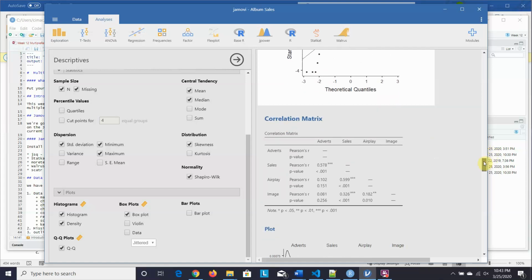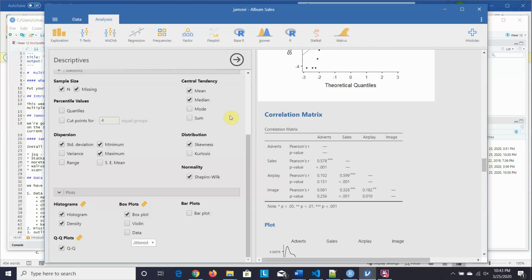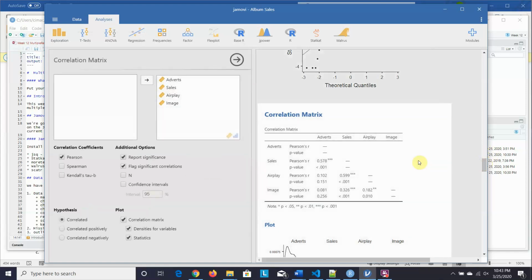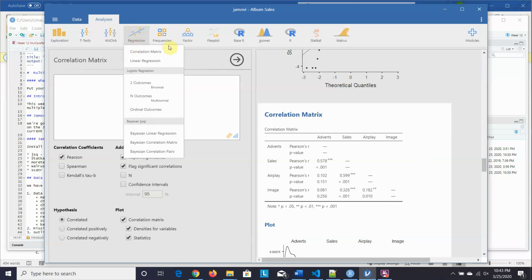Okay, so before we run a multiple regression, we want to look at some things. And the first thing we're going to do is run our correlation matrix. We get to that by going to regression, Pearson correlation, and correlation matrix.